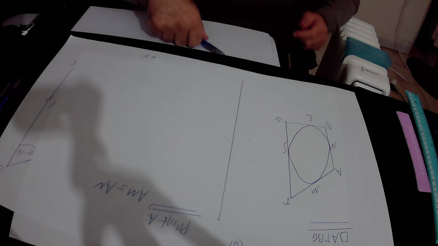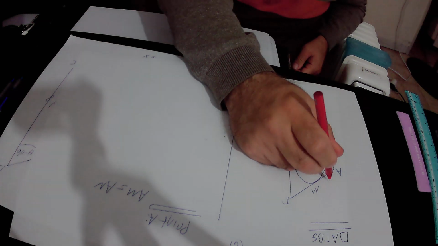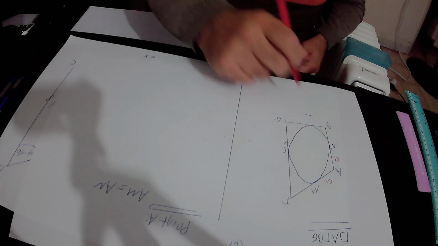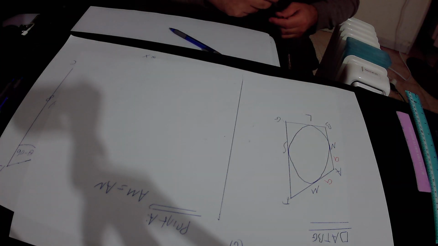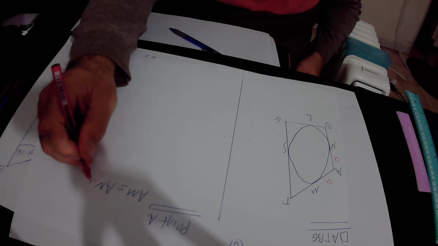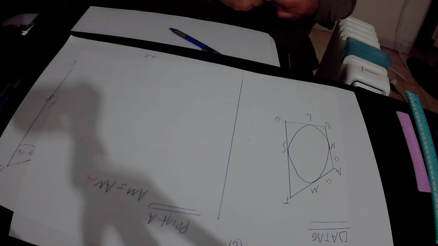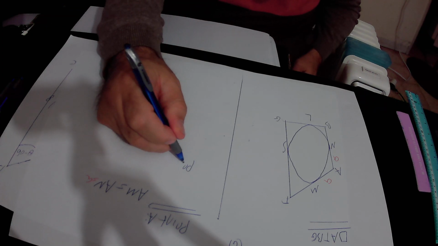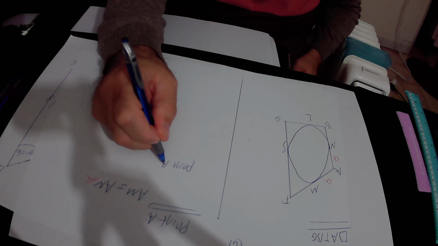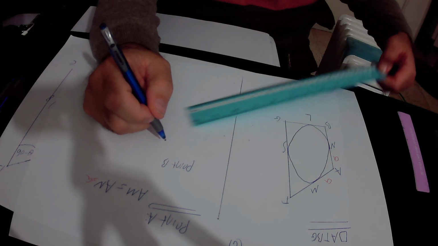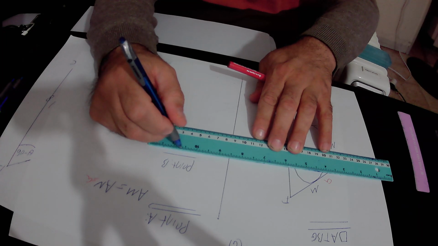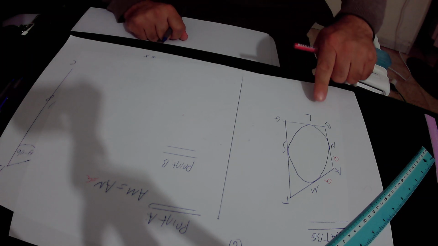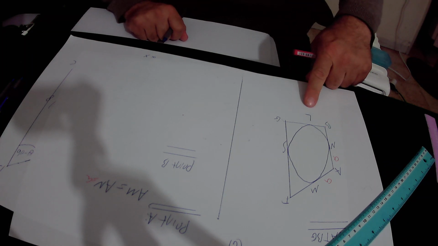So if AM is a, then AN must be also equal to a. Likewise, we focus on the common external point B. For point B, we have two tangents to the circle, tangent BN and tangent BL.